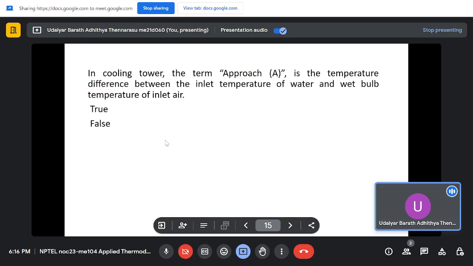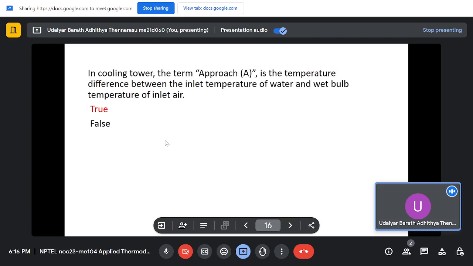So approach temperature is the difference between the water temperature and the wet bulb temperature of air. This statement is true. As we already saw that wet bulb temperature will remain constant, this temperature difference is called the approach.